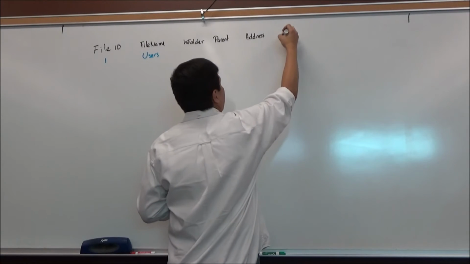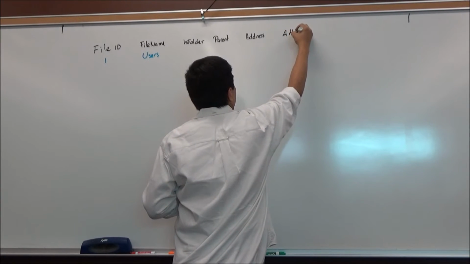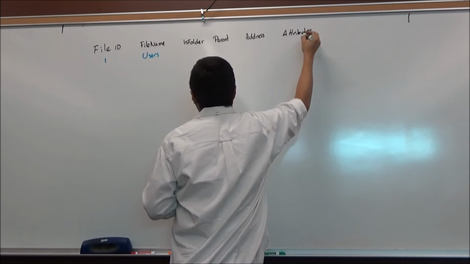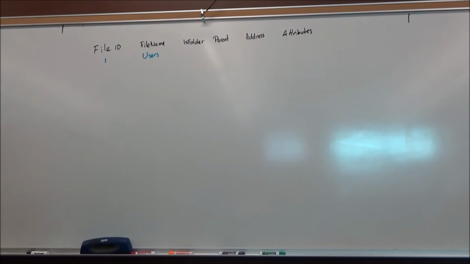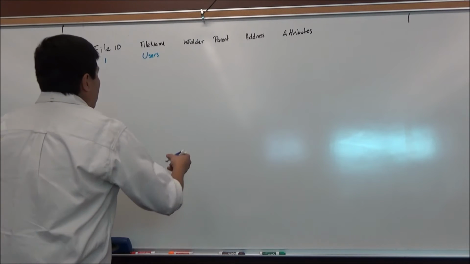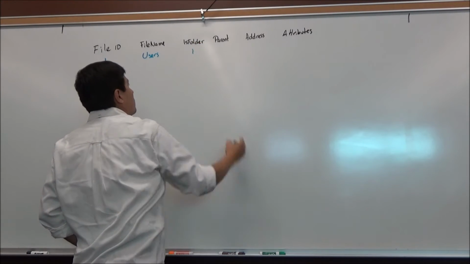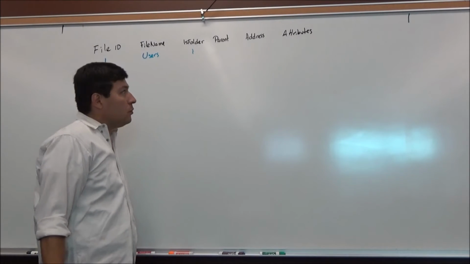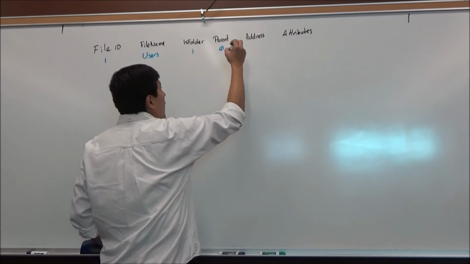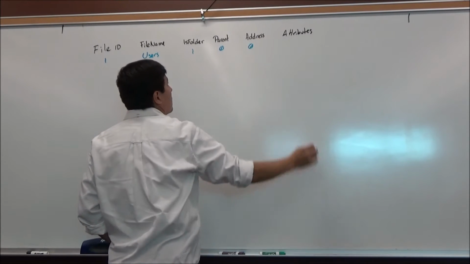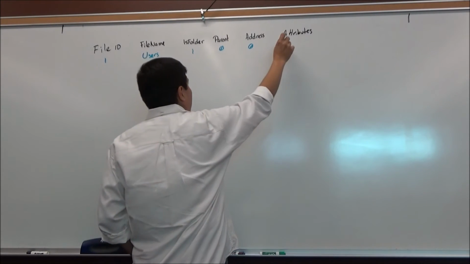And then I'll have the attributes. So the user is actually a folder. So I'm gonna put a 1. And there's no parent. There's no address. And I don't care about the attributes.